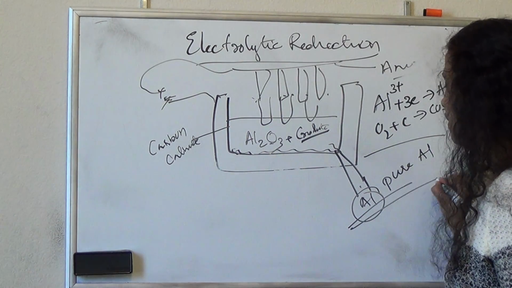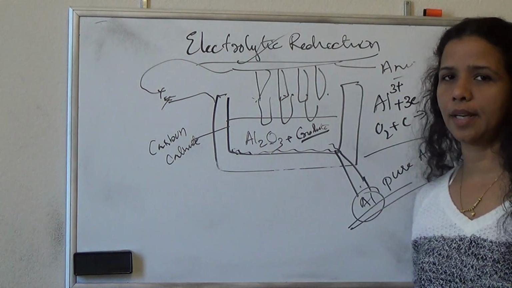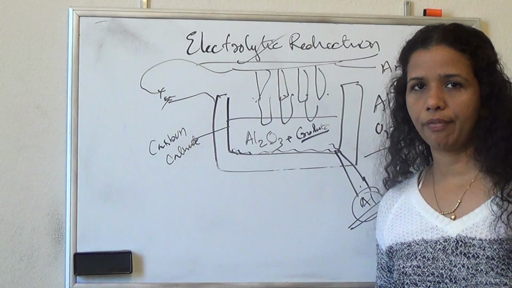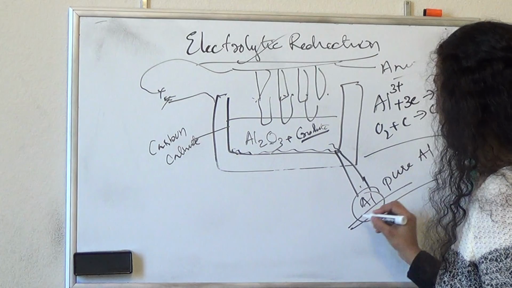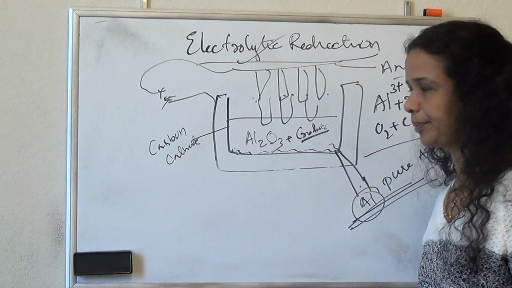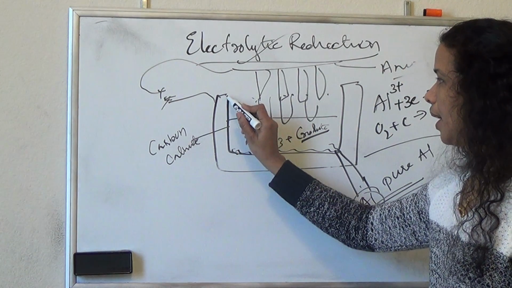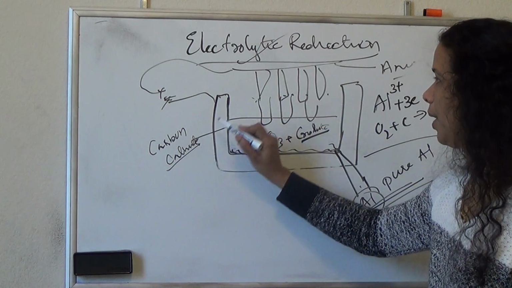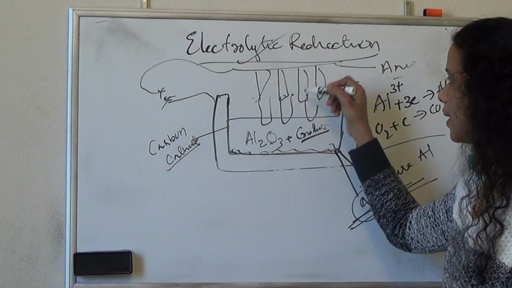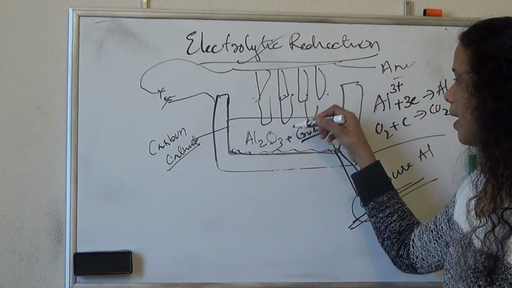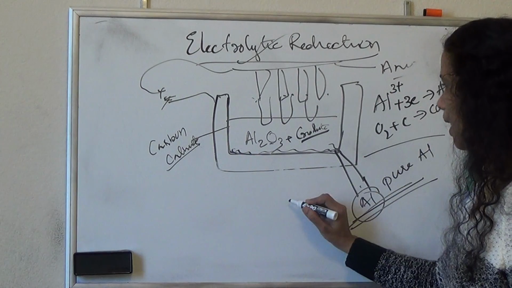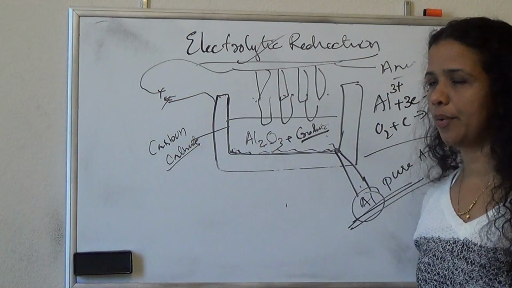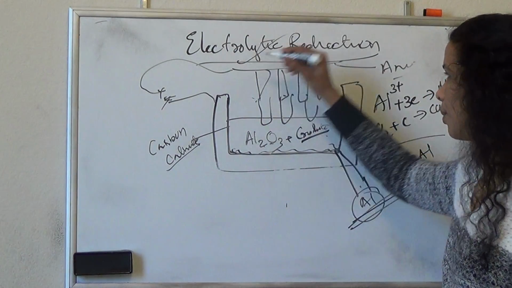A metal obtained using electrolytic reduction needs no further refining or purification because it is pure. Here the vessel lined with carbon acts as the cathode, and a series of carbon rods dipped into the solution acts as the anode. The ore is mixed with cryolite and electricity is passed through it.